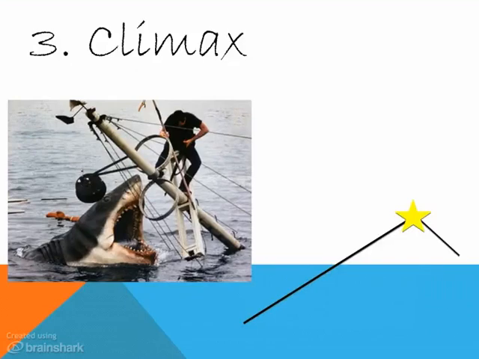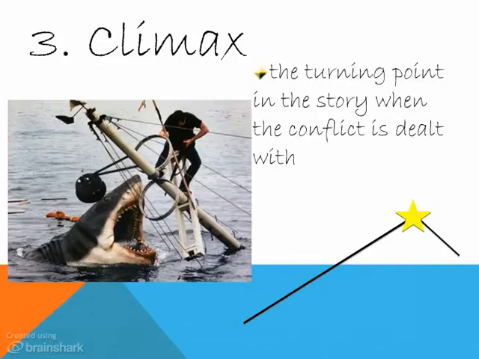The peak of the storyline is called the climax. Now in elementary school, you might have been told that the climax is the most exciting part of the story. That's not necessarily the best definition because sometimes we have an intense part of a story and it may not necessarily be the climax. So it's not the most exciting part.